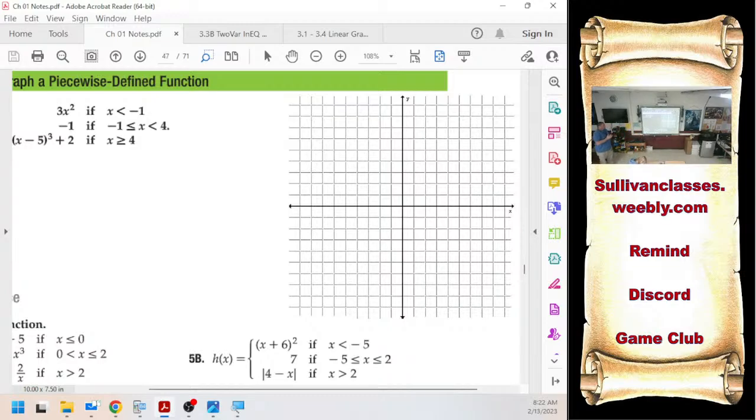This is going to be a little bit tougher because we usually graph these by starting at a particular feature, right? The y-intercept, the vertex, the origination point, the inflection point, whatever it may be. And if that's not on my specified domain, it could be tough. So my recommendation, you don't have to do it this way, is you just lightly do the entire graph and then erase the parts that don't matter. Okay? That's my recommendation. Doesn't have to be what you do.